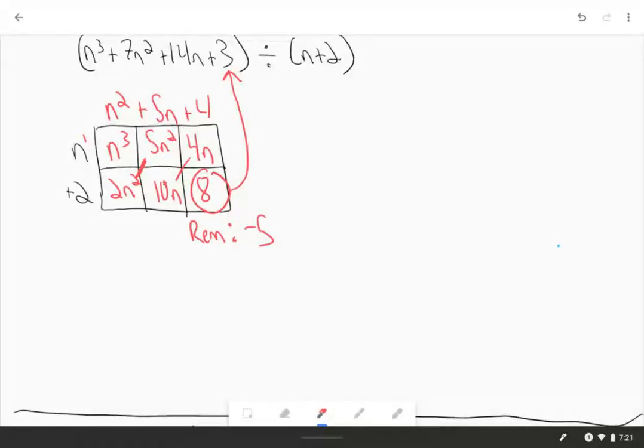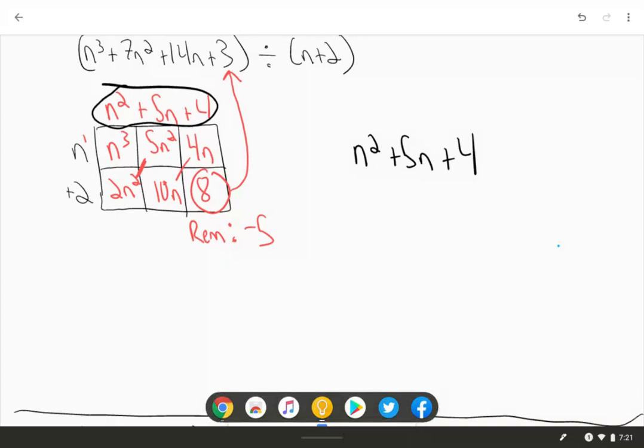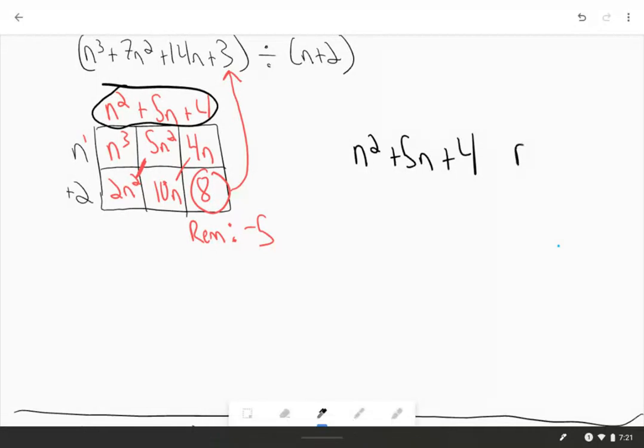So to write out the answer, this is the other part of the lesson notes. My answer, remember, most of my answer is up here, so it's going to be n squared plus 5n plus 4. That's the main part of the answer. But we're not just going to write n squared plus 5n plus 4 remainder negative 5. We're not going to do that.